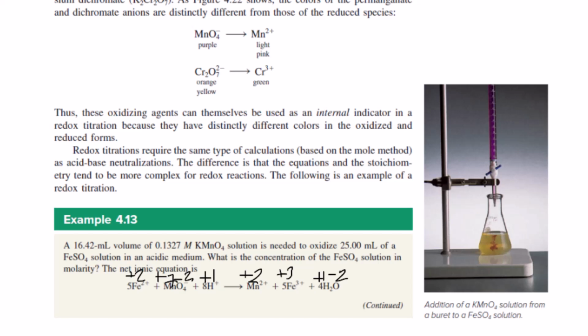Okay, and then from there, do a Google search to find out the colors in aqueous solution of these 4 different species. These colors are going to give you a visual for the starting colors of the standard and unknown solution. Okay, you'll also have a visual for how the burette solution color immediately transforms once added to the beaker solution as a result of the chemical reaction, and then how the beaker solution color slowly changes as burette solution is added.